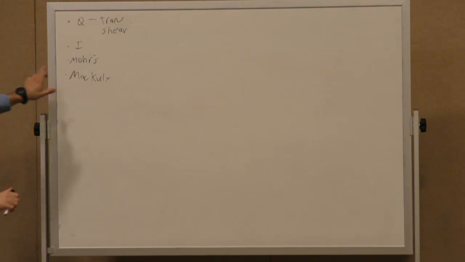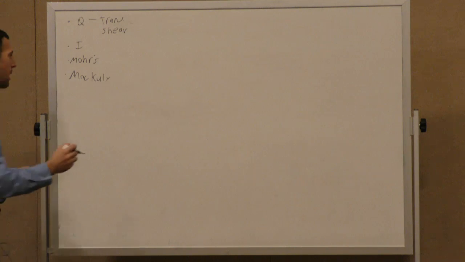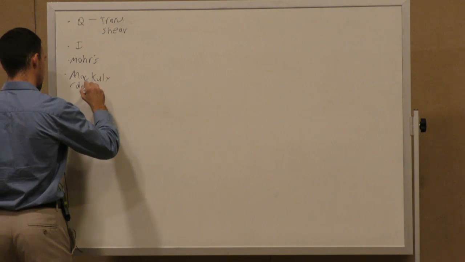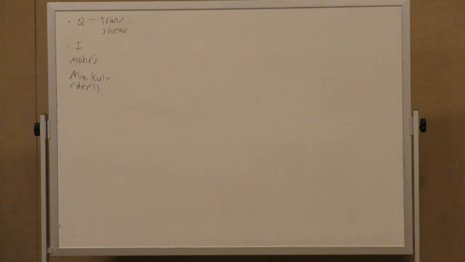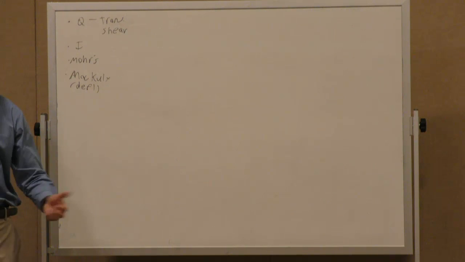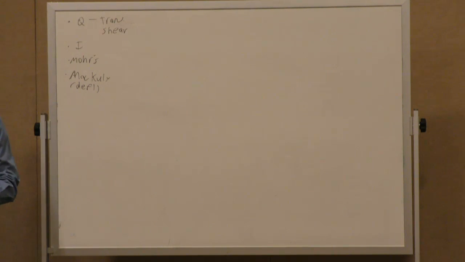Okay, so deflection and Macaulay functions kind of go hand in hand, so we'll talk about those as one thing. Anything else? Yes, it's the equation where it's like a double integration method. So that is deflection via what I call the successive integration method. Again, we'll talk about that with the Macaulay functions.